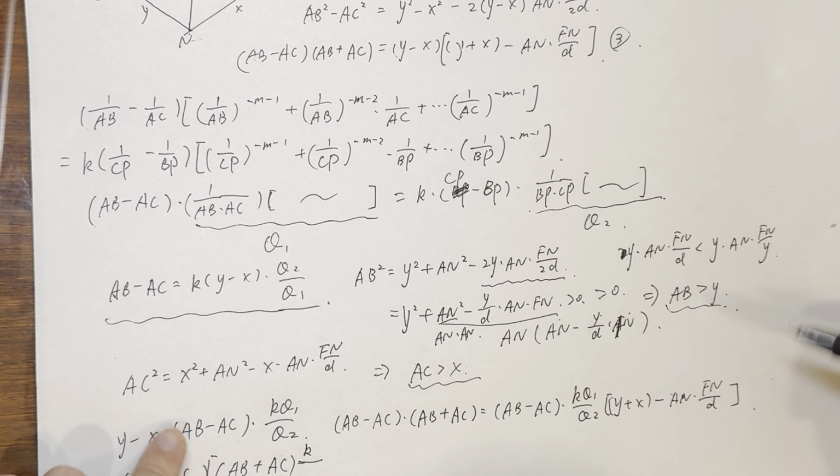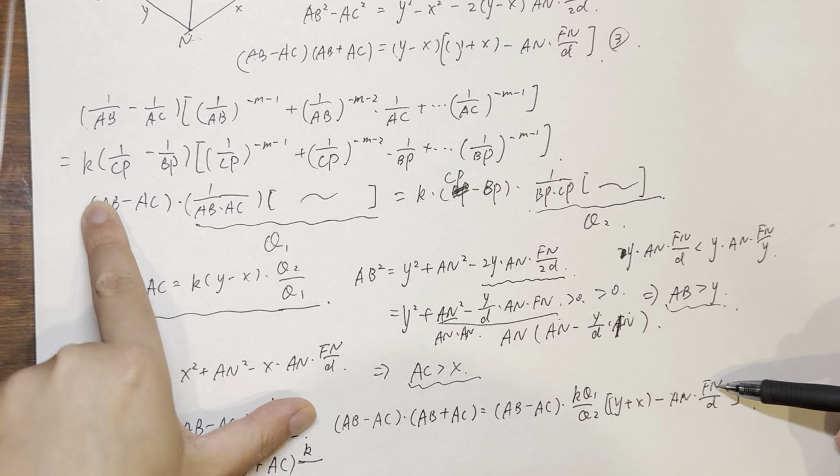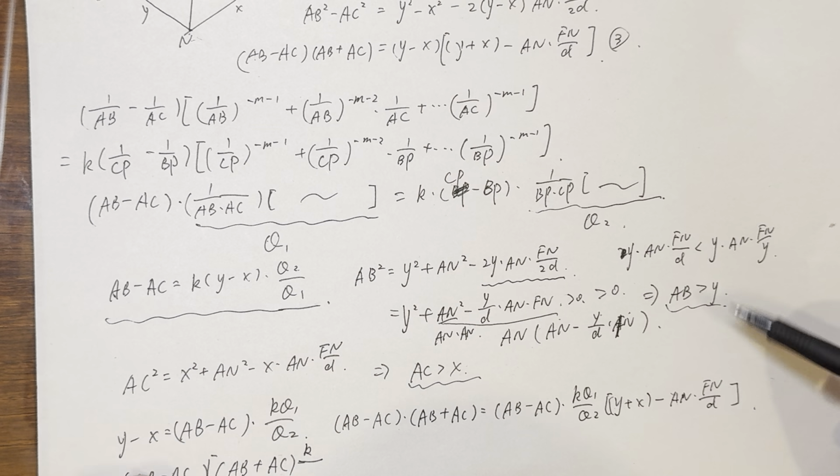Something wrong. Let me check. Where's the K from? K from here, that's correct. And then we got this one, that's correct.